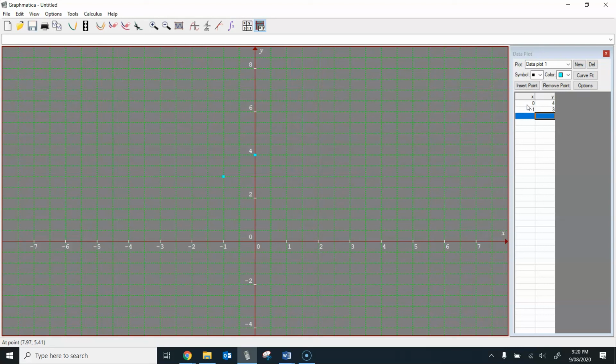Depending on the other point you pick, your line might have a positive gradient or a negative gradient. It doesn't matter as long as it goes through 0, 4. That's all the criteria for that question. Then I go curve fit, and if I hover over it, I can see the equation of my graph on the bottom, and I can write that down.